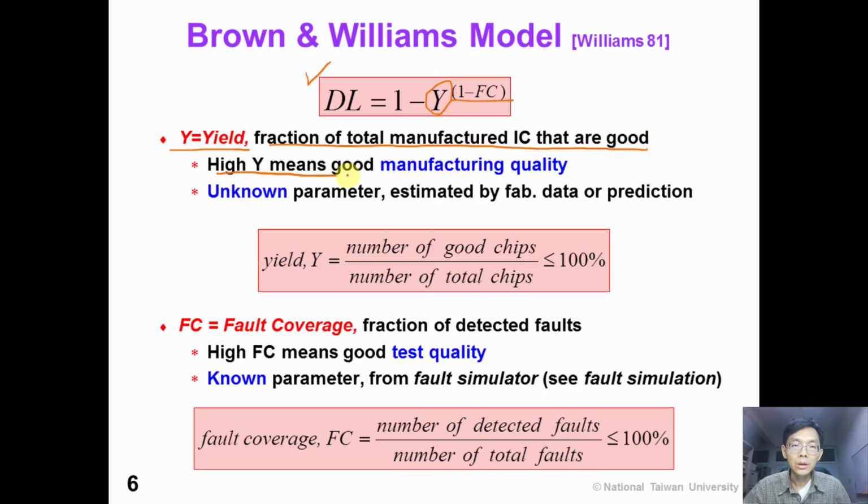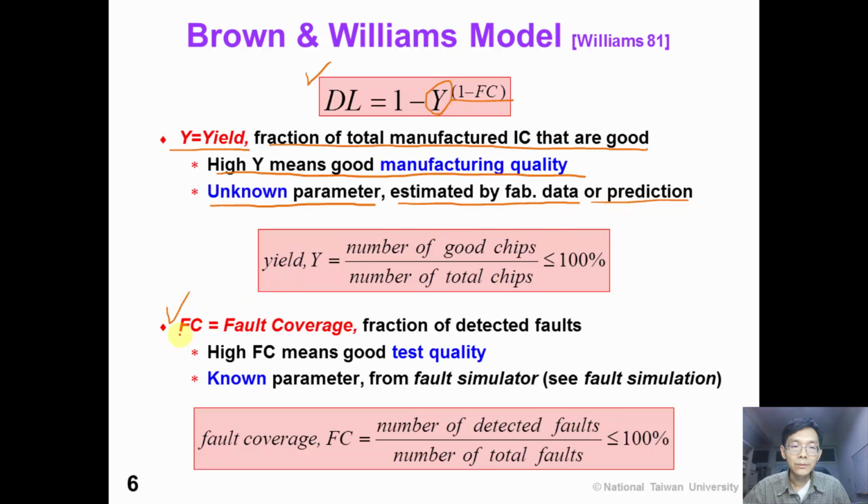A high yield means very good manufacturing quality. This is an unknown parameter. It can be estimated by fab data or a prediction model. We will get back to this point later in this video.